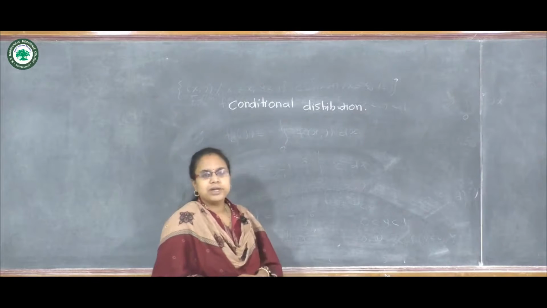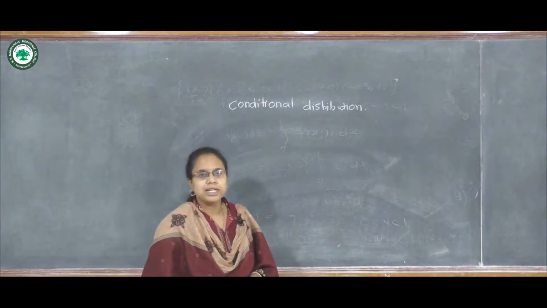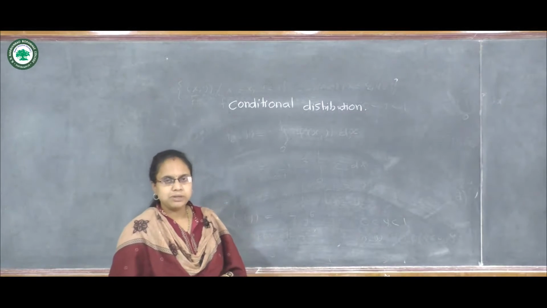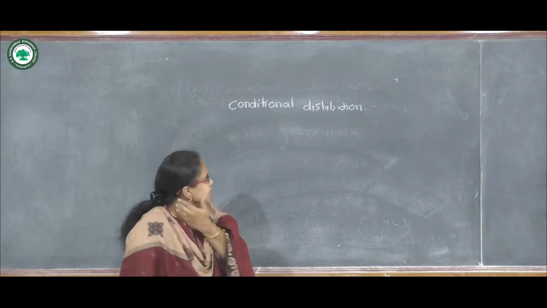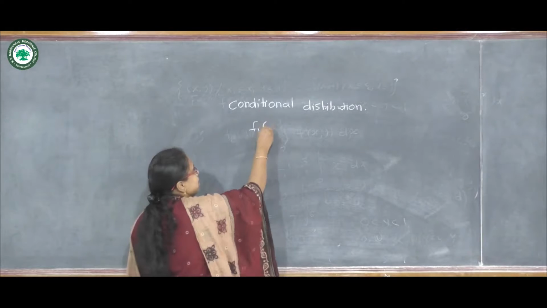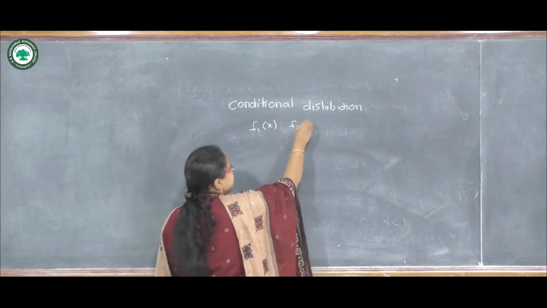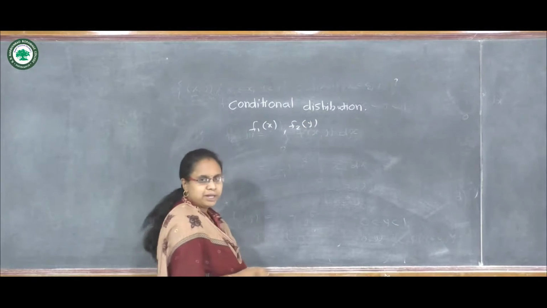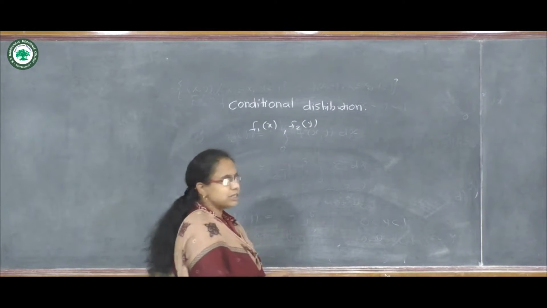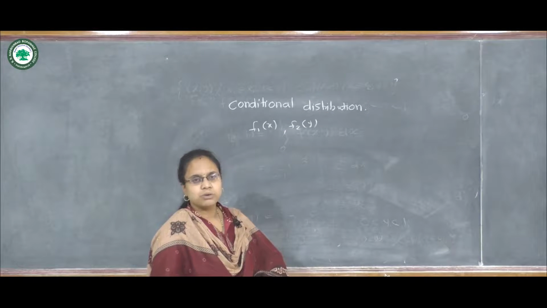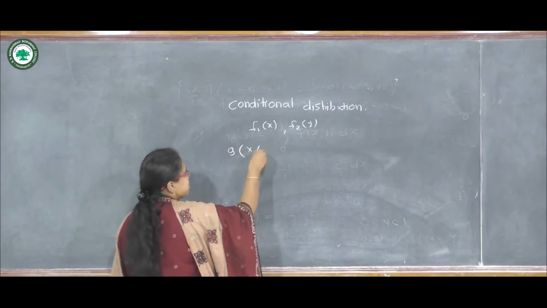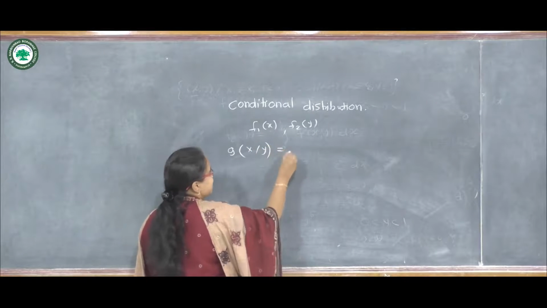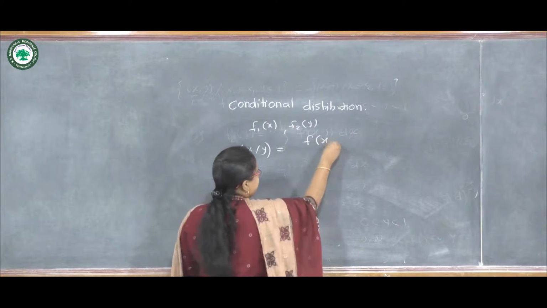So if we are given that x comma y is a bivariate random variable which is continuous, and we are given that f1x and f2y are the marginal PDFs, then the conditional distribution of x on y is denoted by g of x given y, and it is calculated by this formula.